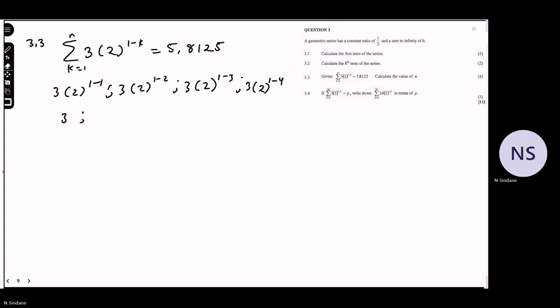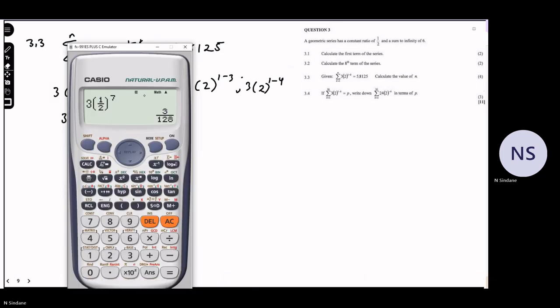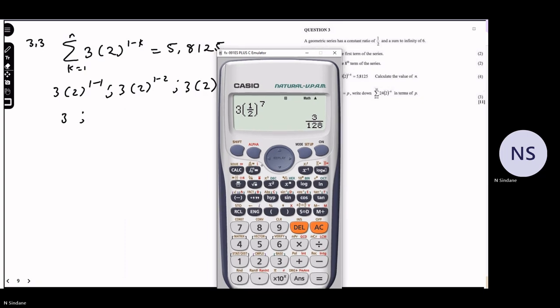Then let's get the next one. Calculator. Let's see. So inside here we have 2 to the power 1 minus 1, so that is 3. 1 minus 2 gives 3 over 2. 1 minus 3 gives 3 over 4. 1 minus 4 gives 3 over 8.